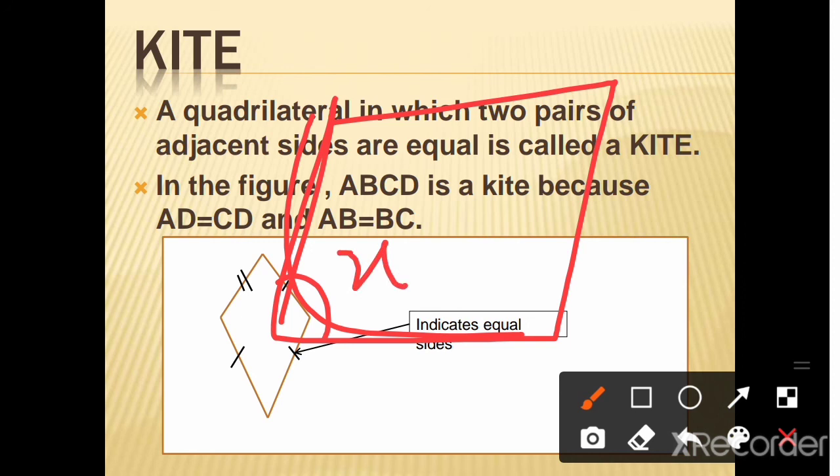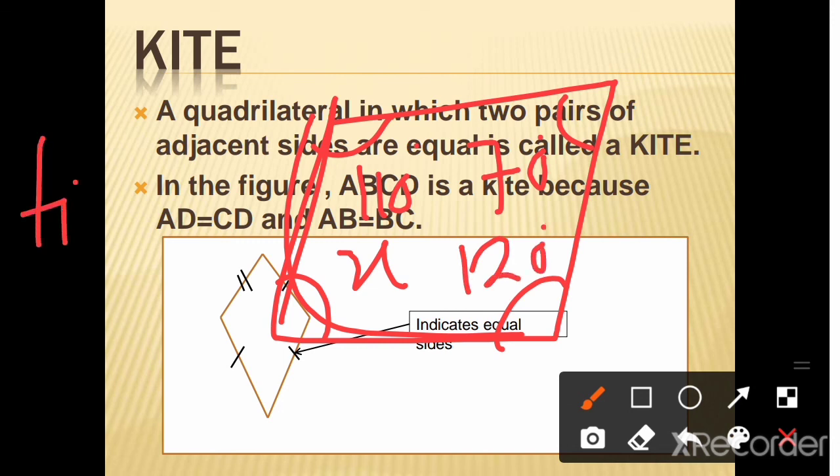This angle is x. This angle is 110 degree. This angle is 70 degree. This angle is 120 degree. Calculate the value of x. Find x.